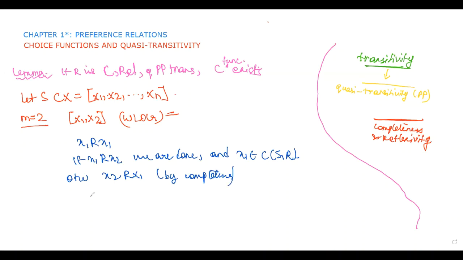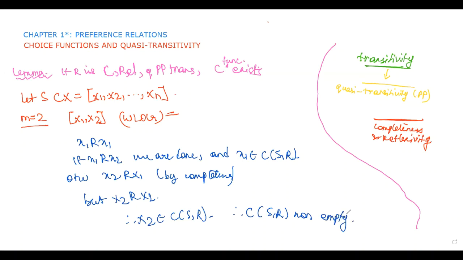But we know x2 R x2. Therefore, x2 belongs to C(S, R). So C(S, R) is non-empty because either x1 or x2 or both always belong to this. So this is the base case.